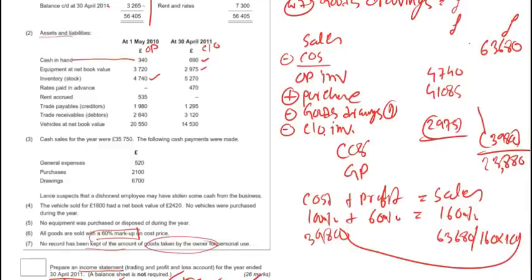Well, that's not a concern. We will work backwards now to find out goods drawings. Okay, so 39800.